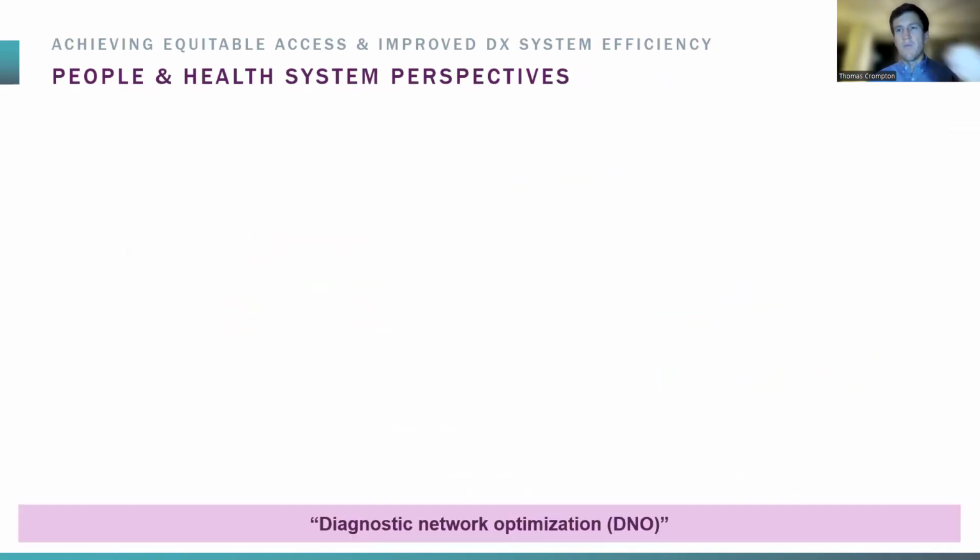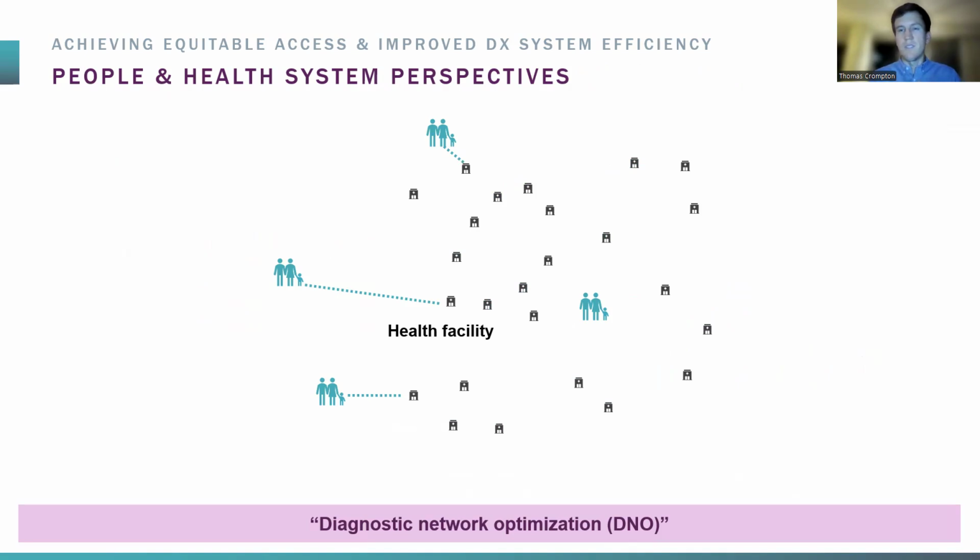And so a brief high-level schematic of how we think about the diagnostic network. We have people and patients, and they access health facilities. Some of them are close, some of them are really far, and within that, there's also laboratories. Now, laboratories can be on-site at health facilities or specific laboratories.